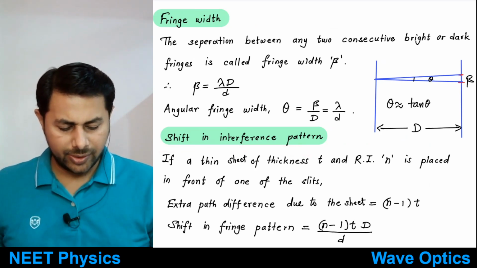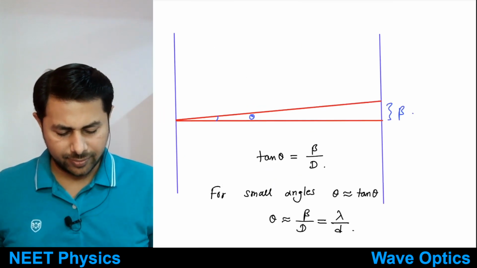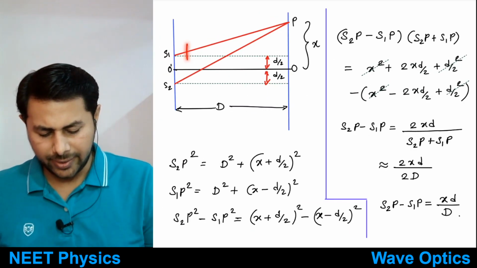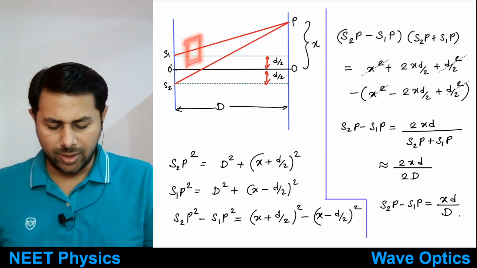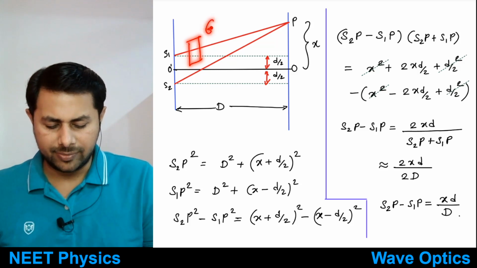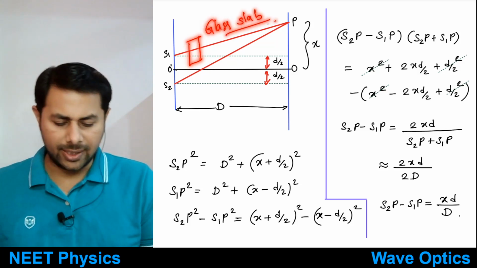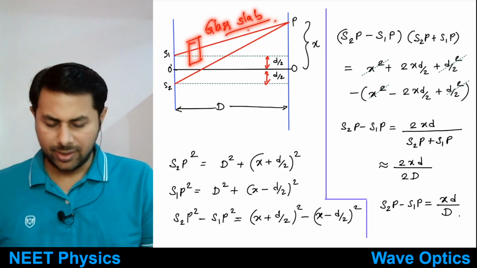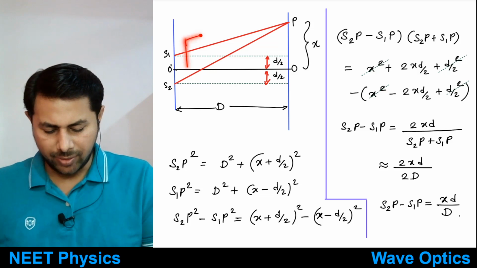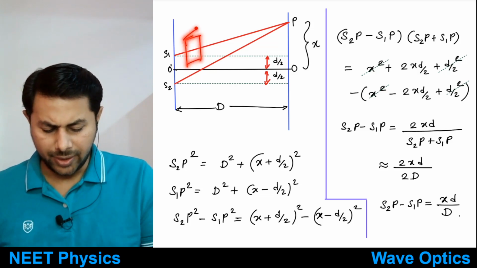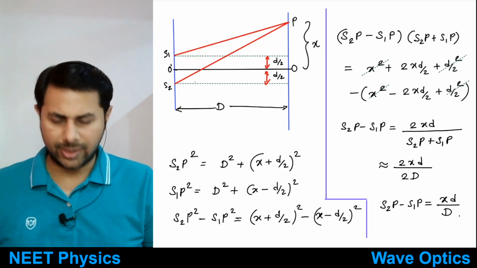Suppose you have these two sources, S1 and S2, and in front of one of these sources you put a glass slab, or a mica slab, some transparent kind of material. You put a slab of that material in front of either S1 or S2.